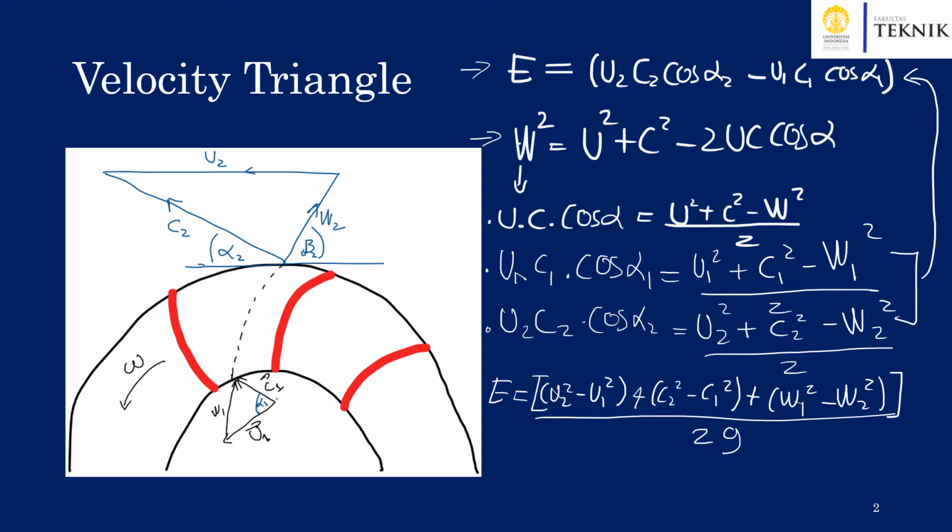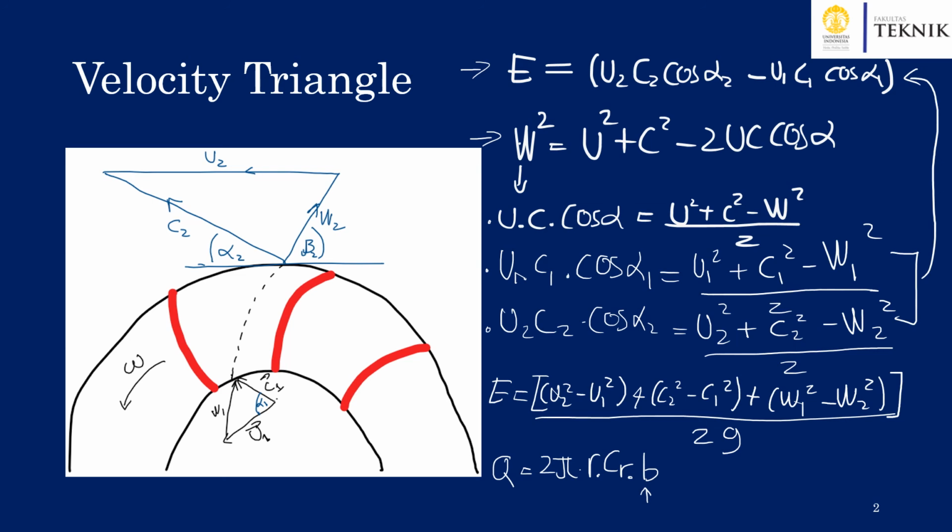And to analyze the flow, we can also use the continuity equation to get the flow rate, or Q, that is equal to 2 pi multiplied with the radius, multiplied by the radial component of the absolute velocity, or CR, and multiplied by B. So B is the width of the blade.